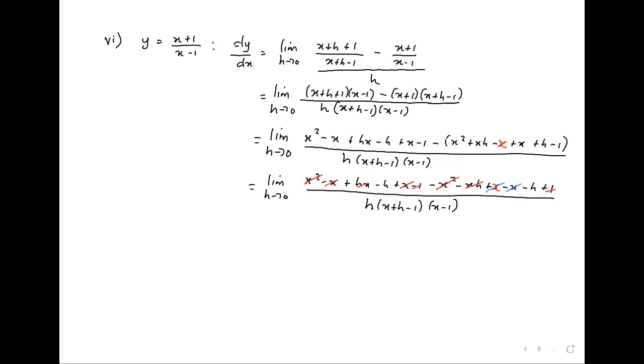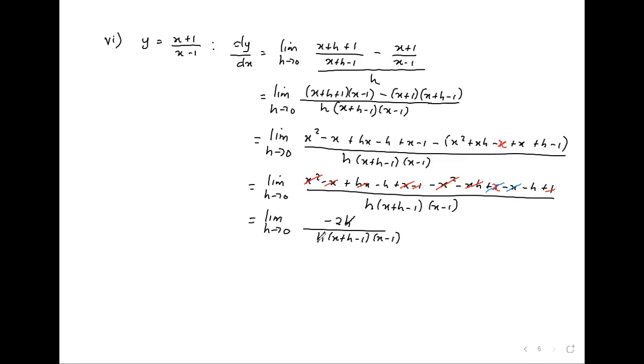Okay. Then now we have the limit as h goes to 0. Negative h minus h, we have negative 2h over h, x plus h minus 1, x minus 1.